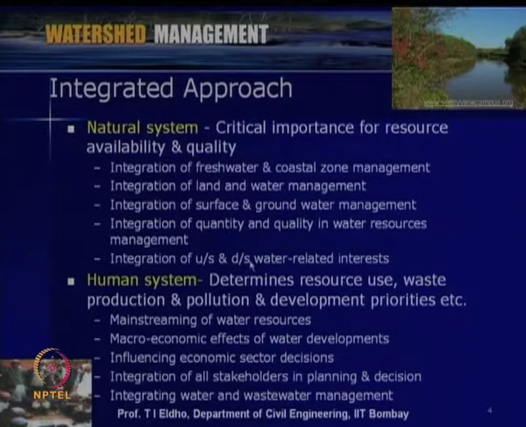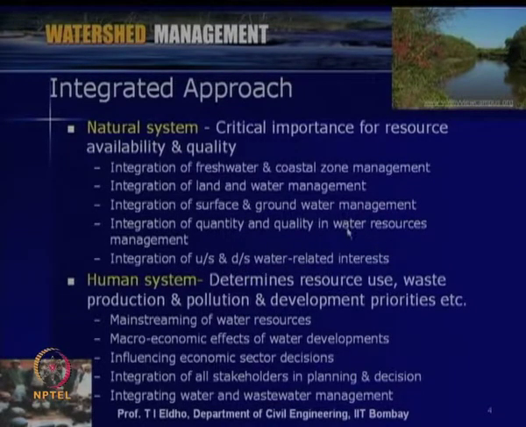As far as the natural system is concerned, it is not only the quantity of water available, but we have to see that the available quantity of water has good quality. So, we have to integrate the quantity and quality of the water resource system available. Then integration of upstream and downstream water related interests.